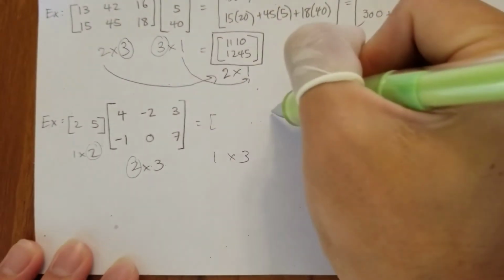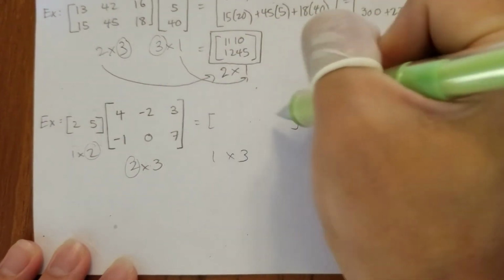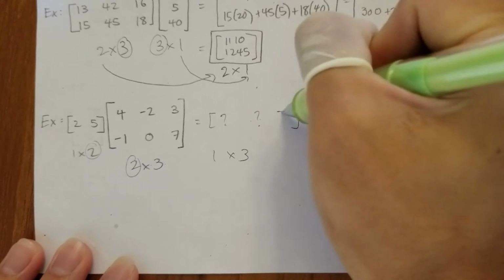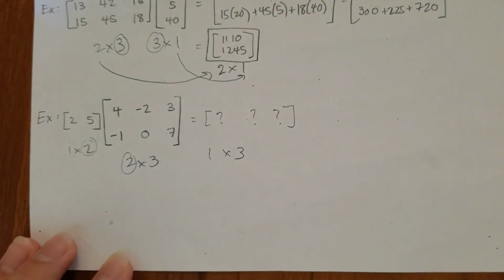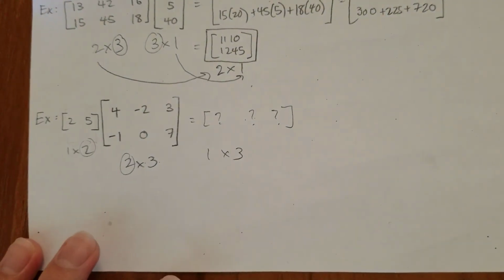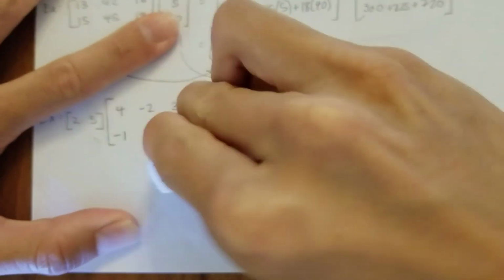So it has 1 row and 3 columns. So our output is going to look something like this. Okay, keep that in mind. I'm going to erase it so I just have some sort of idea what we're doing.